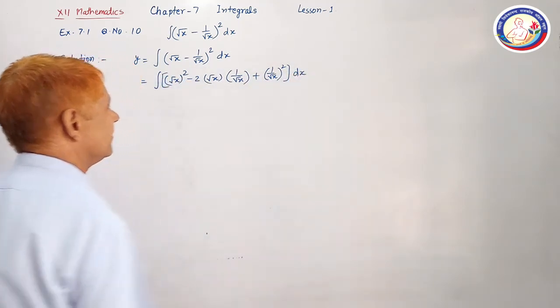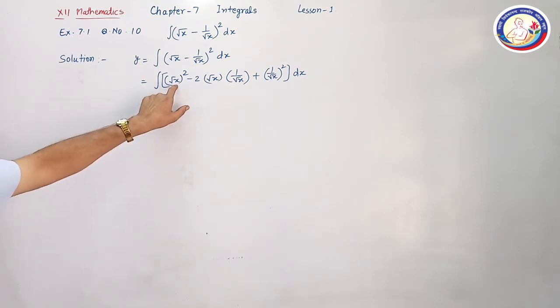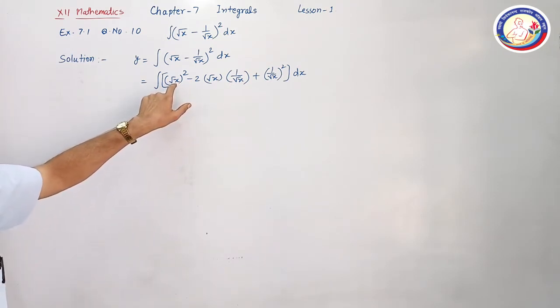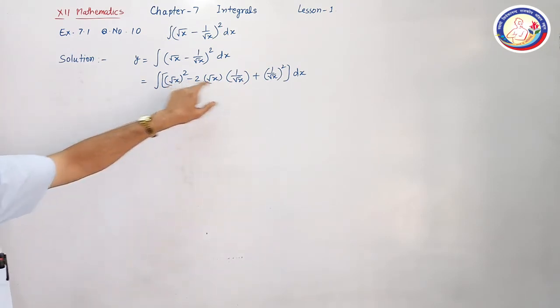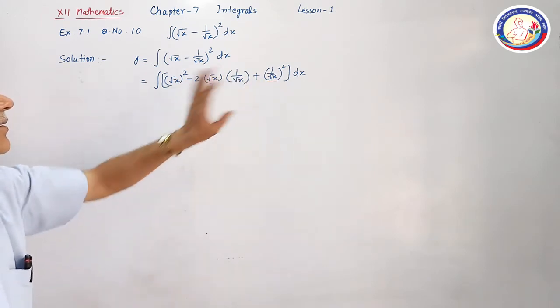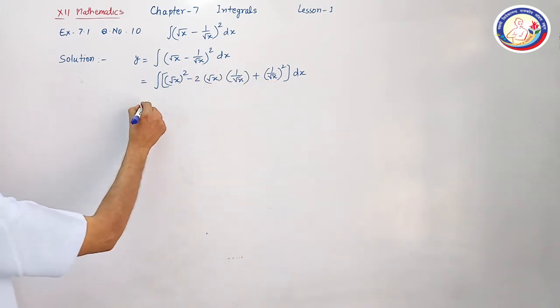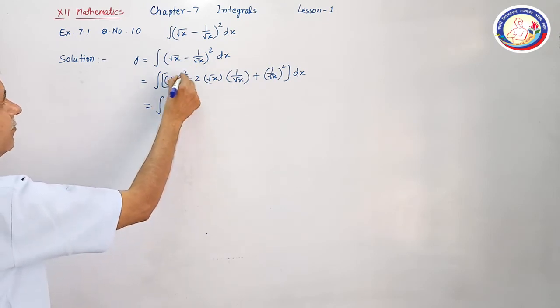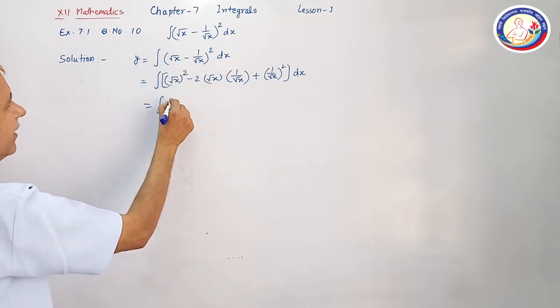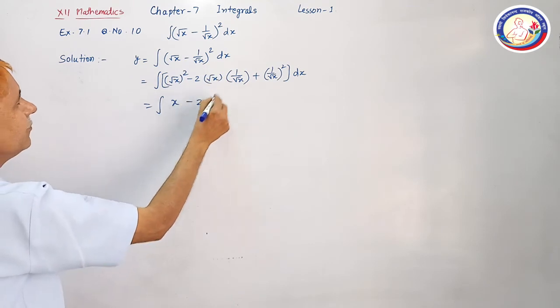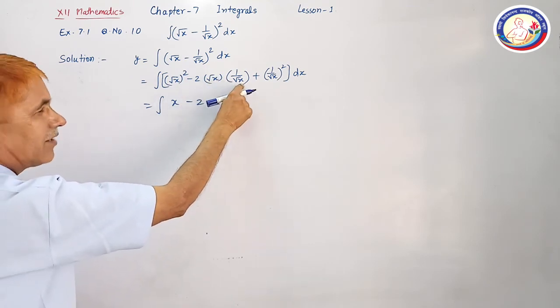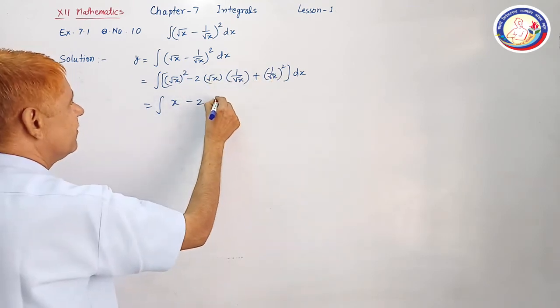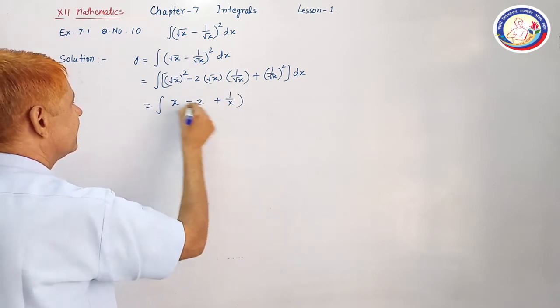Now this function comprises three different functions. First of all, solve this, and then we will use the property. Square root and its square, it is x, minus 2 square root x, we cancel square root x, and this will be 1 upon x dx.